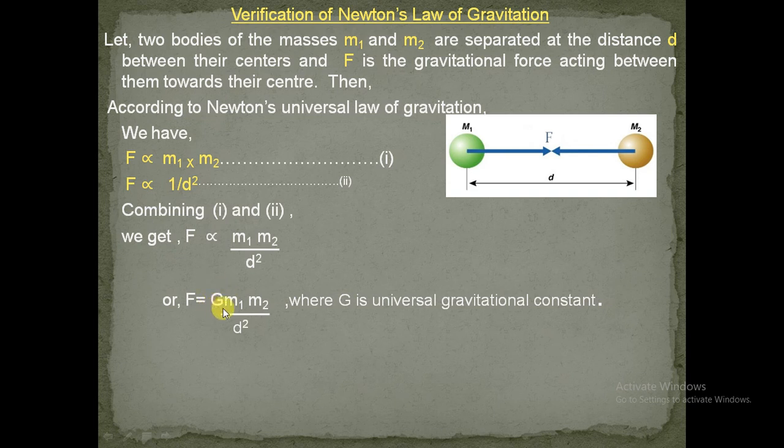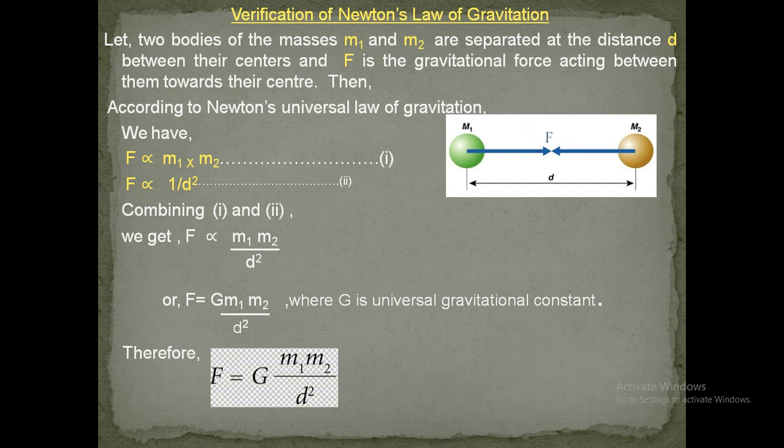Here we have used capital G as a constant to bring the equal sign, and this capital G is known as the universal gravitational constant. We'll be discussing its definition and all related terms in the next topic.